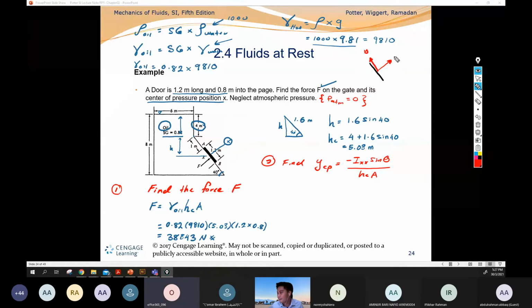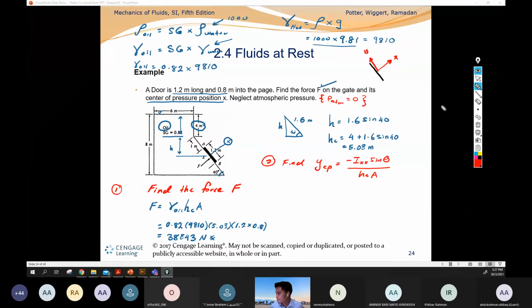If you are confused, you can use your right hand rule. Can you see my right hand rule? This starts from X going to Y. So where's your thumb? Upward or downward? Upward. So where is the correct X? To the right. Okay, so everyone understand so far? So this is your Y and this is X.